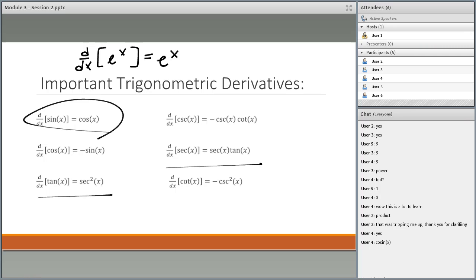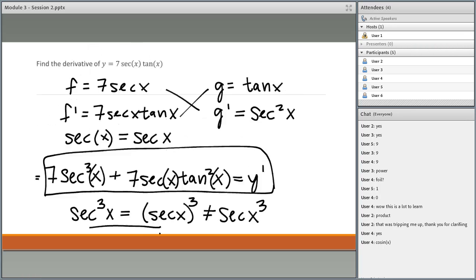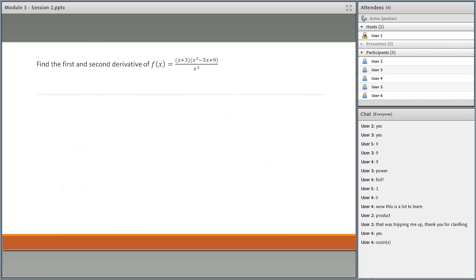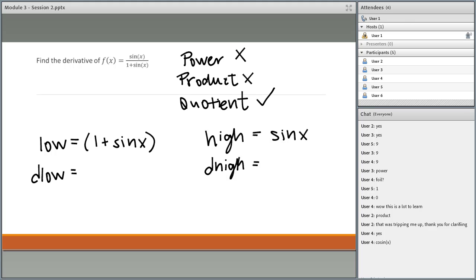Very good. So what is the derivative of 1 plus sine x? Well, the 1 goes to 0, and then the derivative of sine is cosine. And then again, the derivative of sine is cosine x. Good, very good.